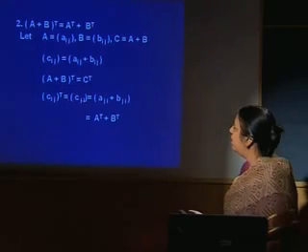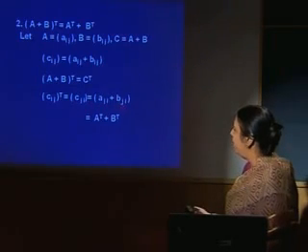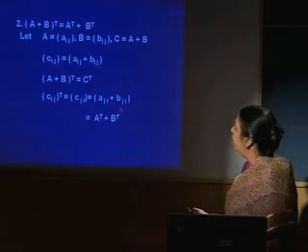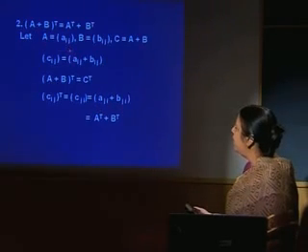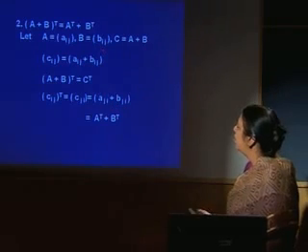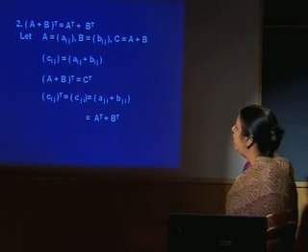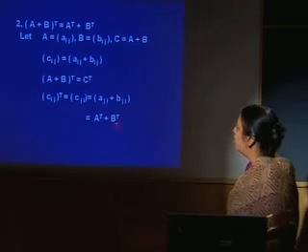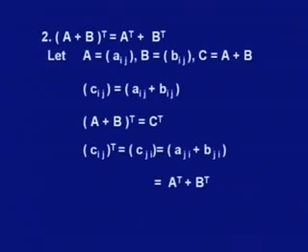Rows and columns are interchanged. Now Cji will be Aji plus Bji by definition. Then Aji is A transpose because A is defined as Aij, and Bji is B transpose. So we have proved that C transpose is equal to A transpose plus B transpose, that is, A plus B transpose is equal to A transpose plus B transpose.